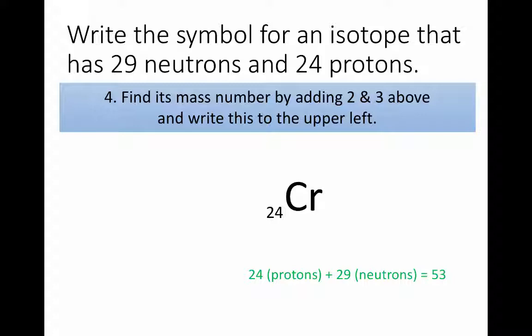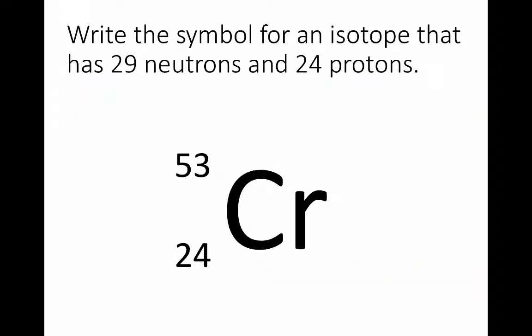And then we could take that mass number and put it in the upper left of the element symbol. There we go. So now you could see that our isotope symbol for an isotope that has 29 neutrons and 24 protons looks like this.